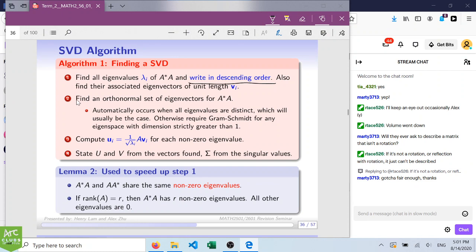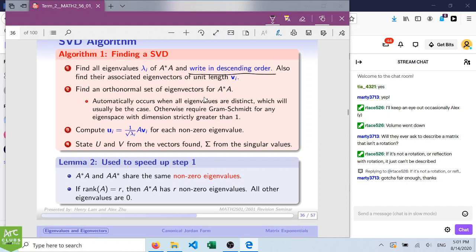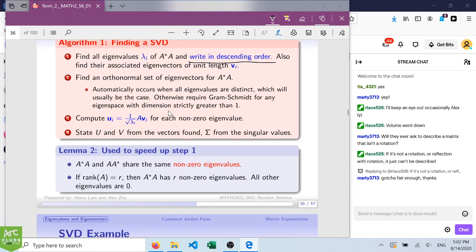And then afterwards, second step, we want to find an orthonormal set of eigenvectors with A star A. So that's essentially computing all your eigenvalues and then taking the eigenvectors and getting the unit length as well.